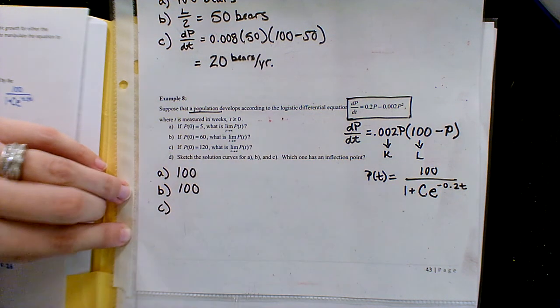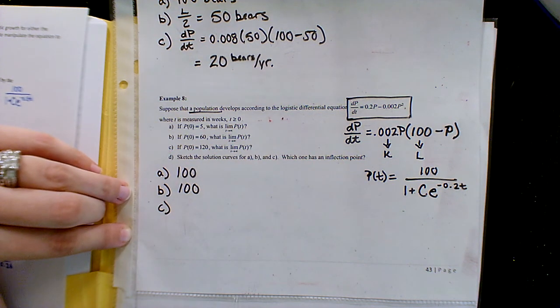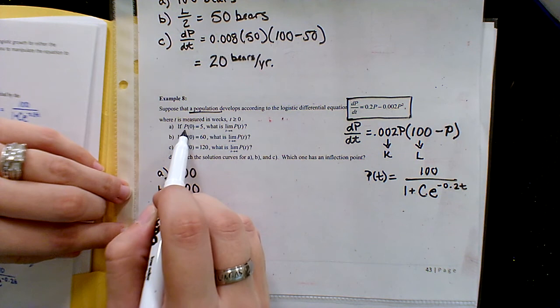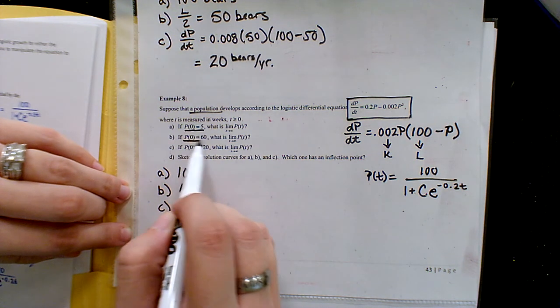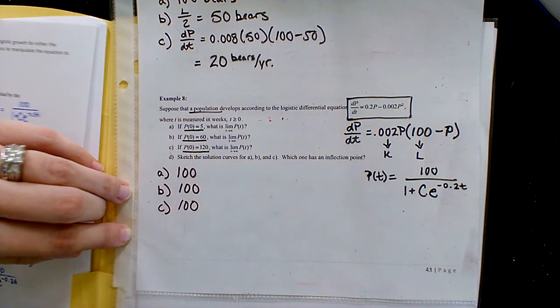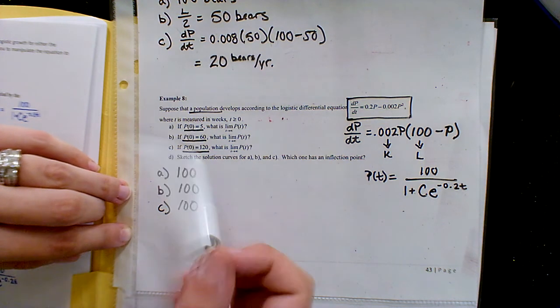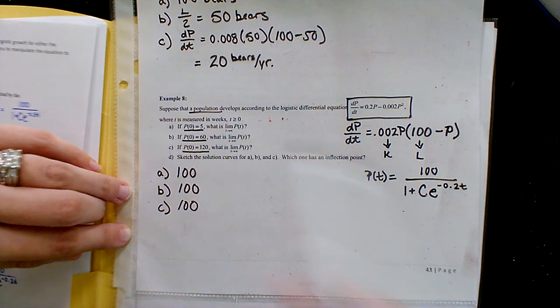What about C? As time goes on forever, what's your population going to do? It's still 100, okay? So what this is saying is it doesn't matter where your beginning population starts, whether you have 5 people, 60 people, 120 people, or bears or whatever.